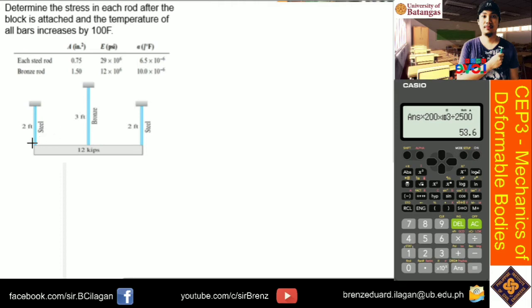Dito sa mga dulo nila, meron siyang steel rod na nakakabit with a length of 2 feet, and dito sa gitna you have a bronze rod which has a length of 3 feet. Aside from that, meron ka dito na 12 kips load na dinadala nung ating tatlong rod.